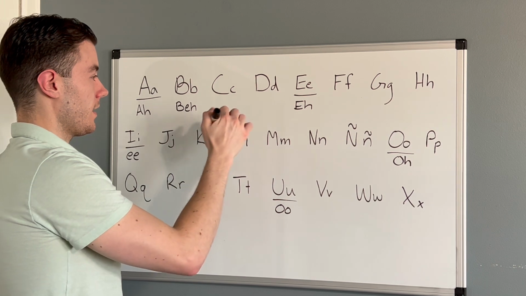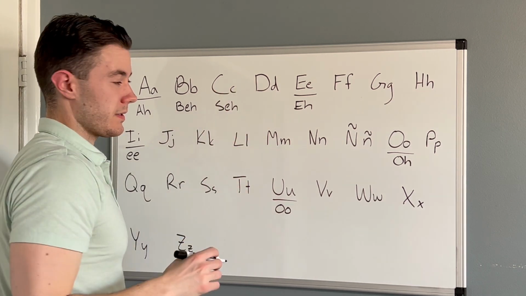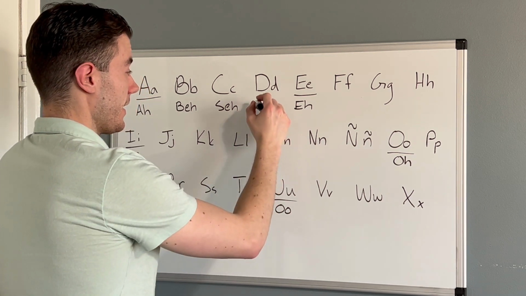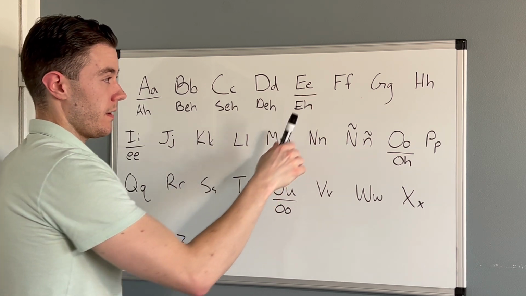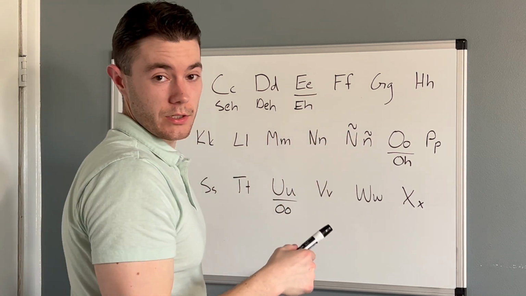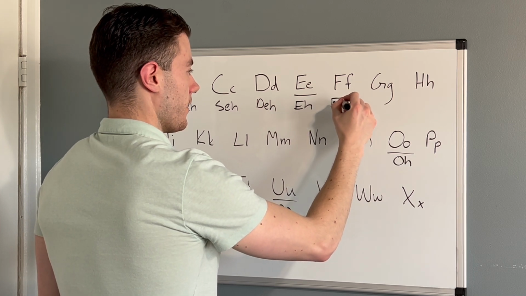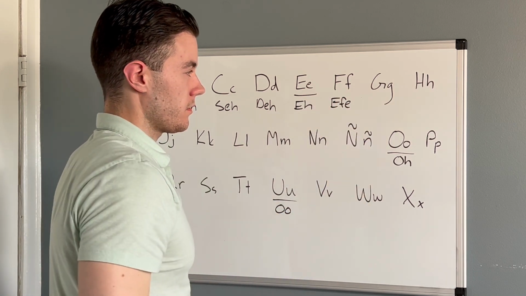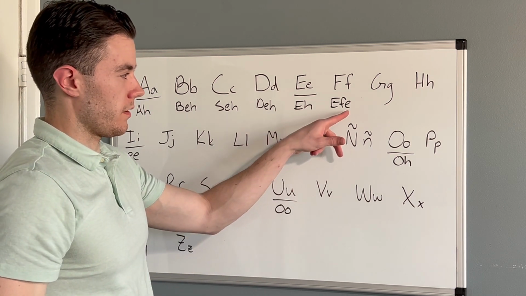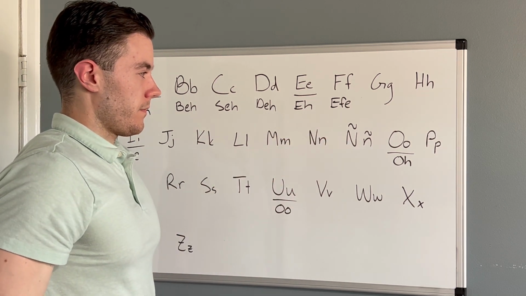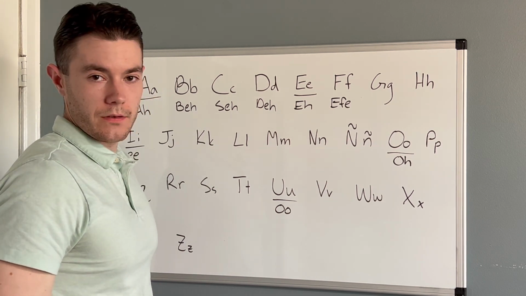C. English C is C. D. In English, F. In Spanish, F. So similar to the English pronunciation, but there's another vowel sound on the end of the f sound.